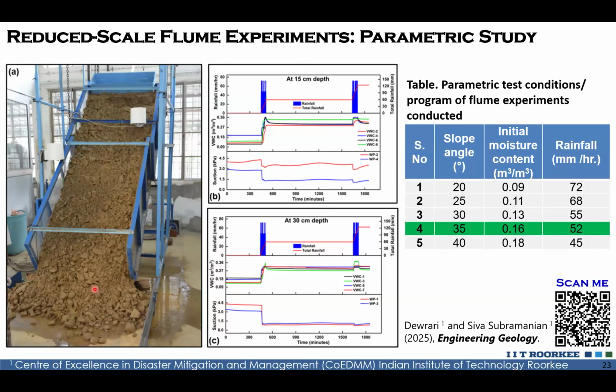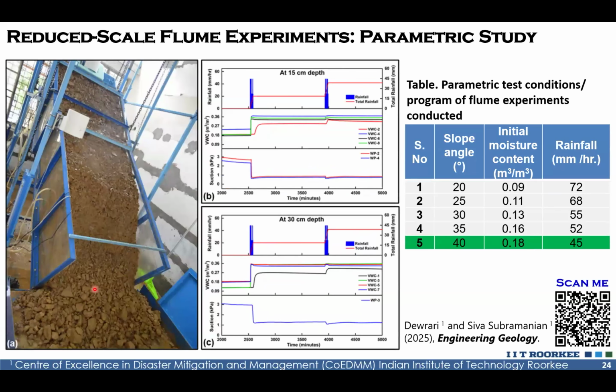Similarly, the loss of suction-derived strength was found to cause slope failures in other conditions, where the overall slope angle is steeper, 40 degrees. The upper section of the slope is still steeper than the lower section, and in this case as well we had the failure at the toe part. Okay, that is for the debris slide.